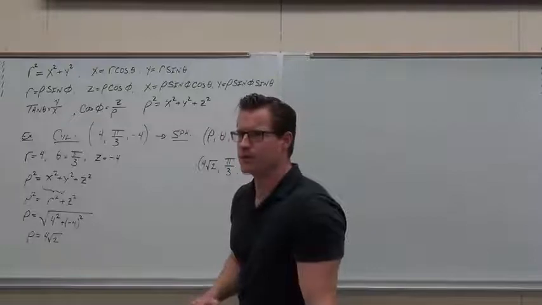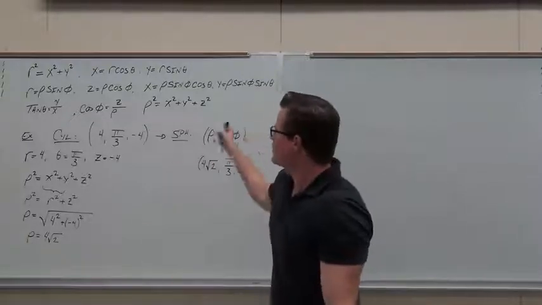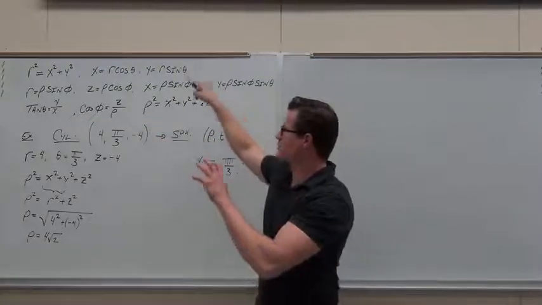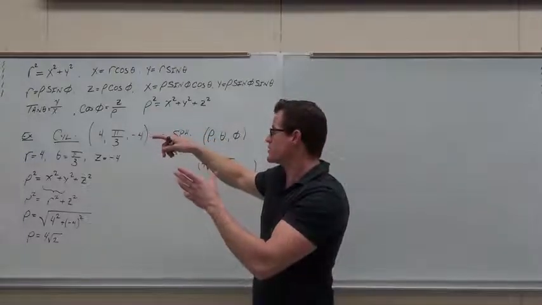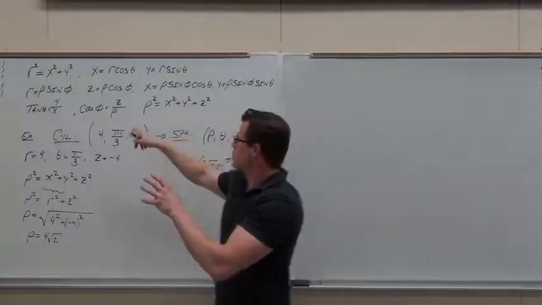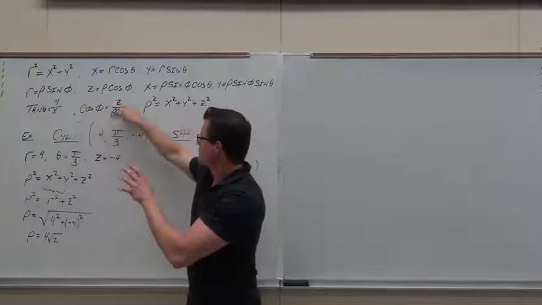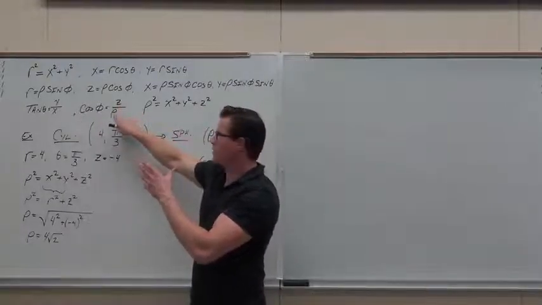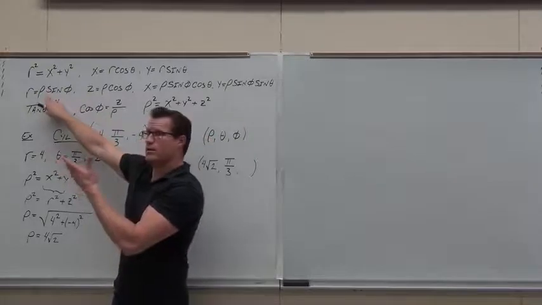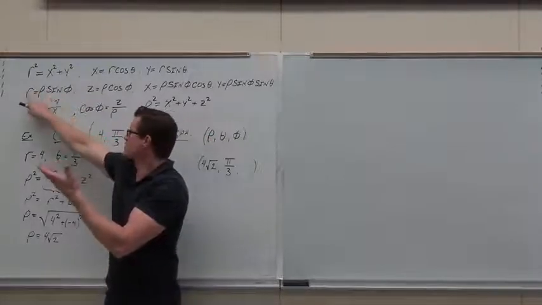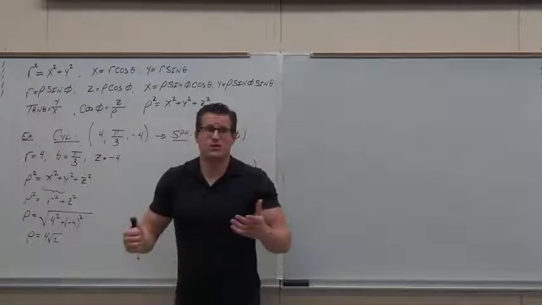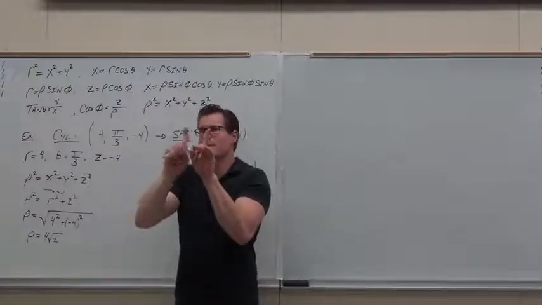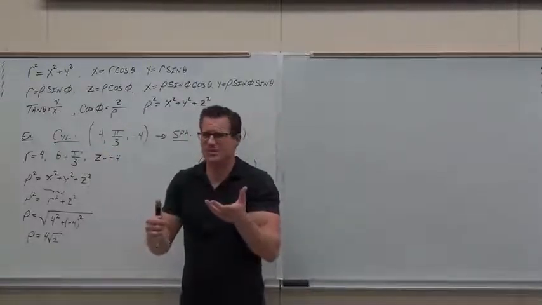Now, what about the phi? There's really only one thing up here that deals with phi and lets you solve for it. Well, two things. You could use one of two. You could do cosine phi equals z over rho, which is the one I prefer. You could also do sine of phi equals r over rho, and since you're given r, either one is going to work just fine. It's just the other way of looking at that right triangle that we already talked about. Does that make sense to you?